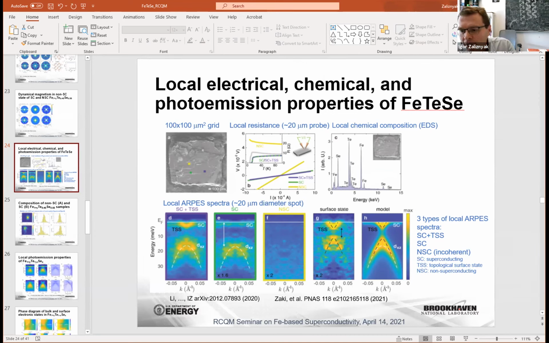Now, in this case, we measured 2,000 spots. So we basically take 2,000 different surfaces from the bulk. And we see a clear correlation between our measurements. In that way, we believe that just statistically, these are representative of the bulk. It's statistical, but you are not measuring the same spot with neutron scattering and ARPES.